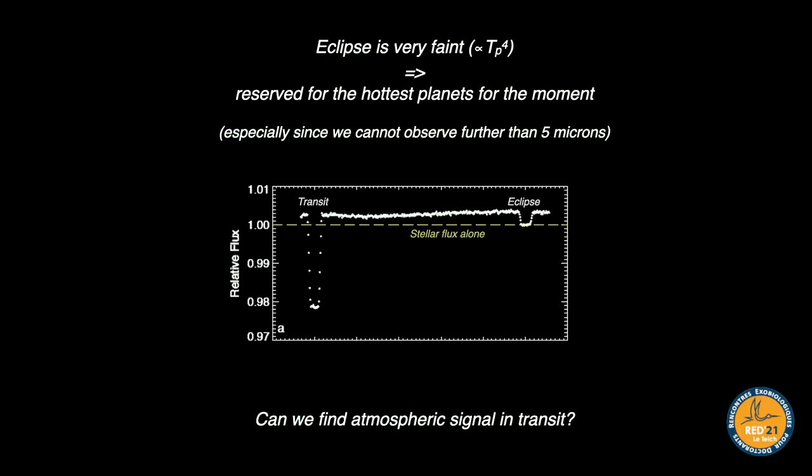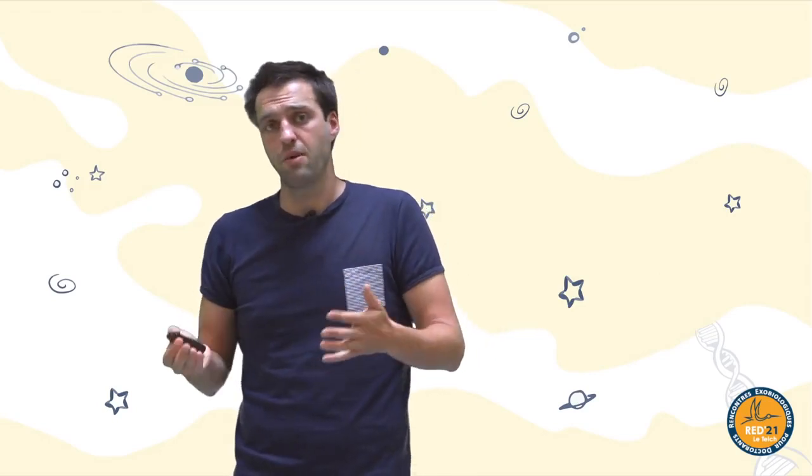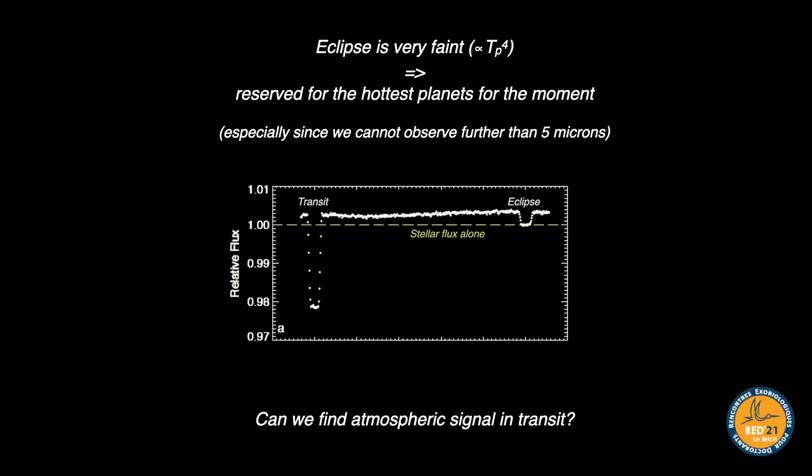We cannot go to a longer wavelength. So it's really difficult to apply these methods to many planets. And that's why, although it provides a lot of information, eclipse spectroscopy is only applied to a handful of planets.